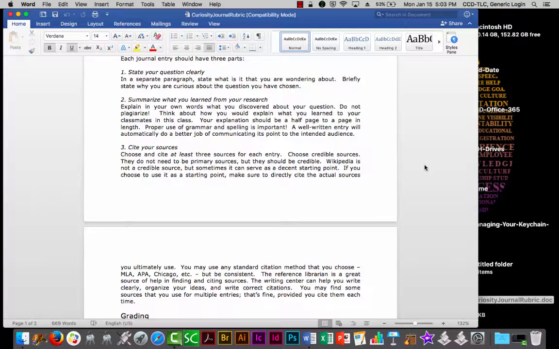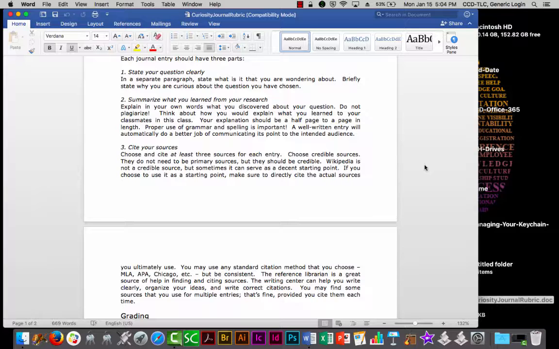Again, don't plagiarize. Think about how you'd explain what you learned to your classmates. Your explanation should be half a page to a page in length. You need to use proper spelling and grammar, and a well-written entry will automatically do a better job of communicating its point to the intended audience. Again, you're just writing this to your peers.